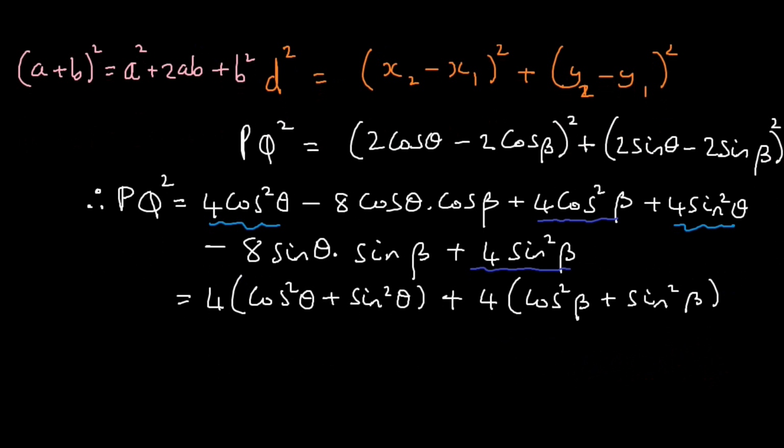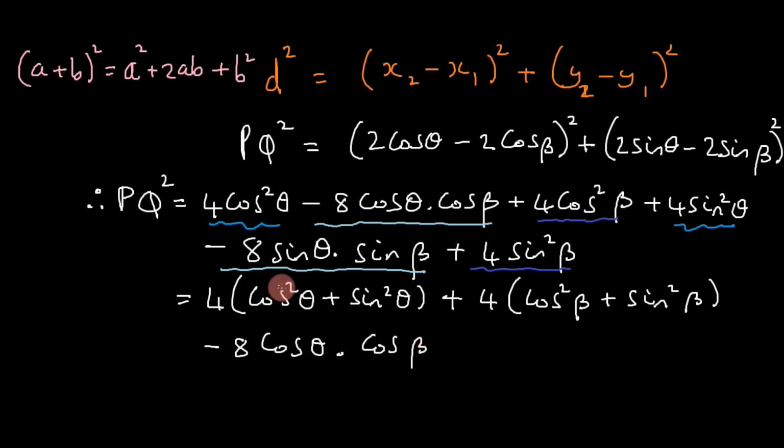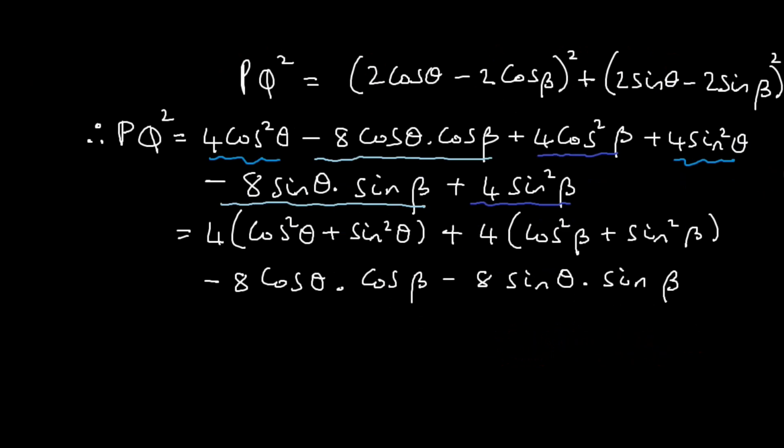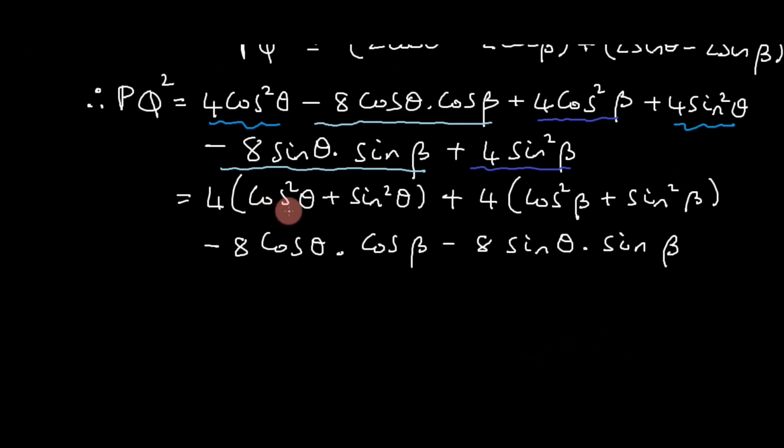Then of course we are still left with these two terms. So let's rewrite them: negative 8 cos theta cos beta, then minus 8 sine theta sine beta. Now we have the squares identity over here.